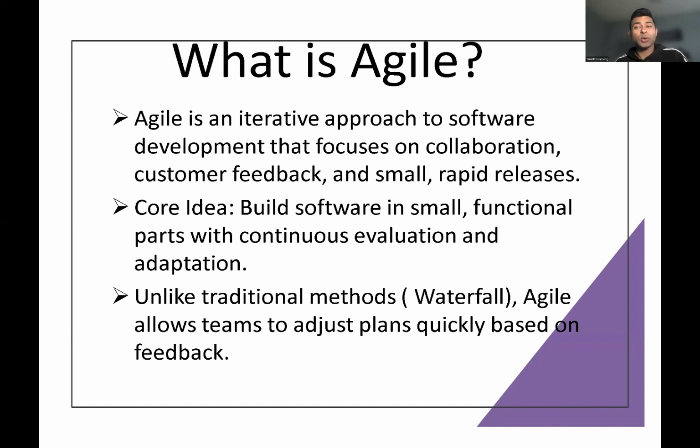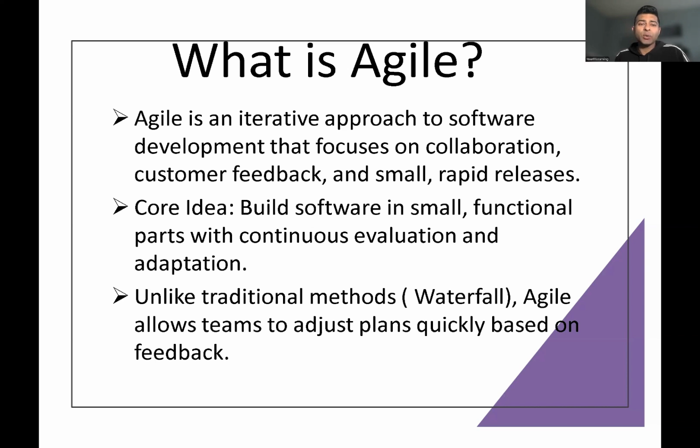So if we are going in the wrong direction, we can fix it quickly. In a world where money is very important and we have to spend money wisely, Agile is popular because we can get customer feedback, we can change the product if a customer is not happy, and if they're happy, we can keep on making small incremental products.